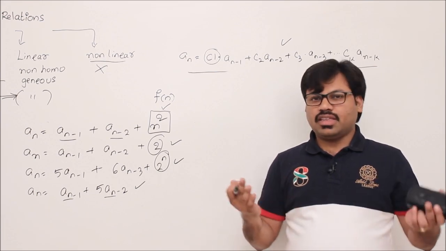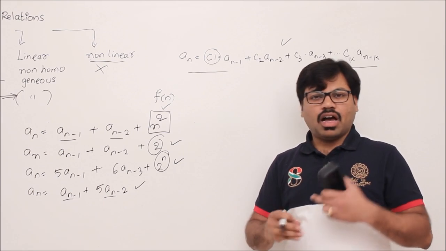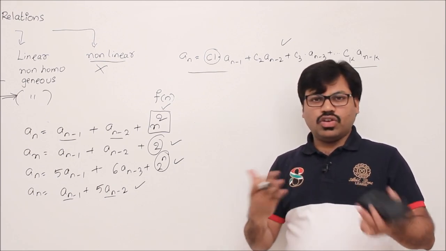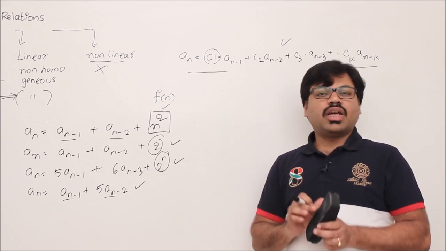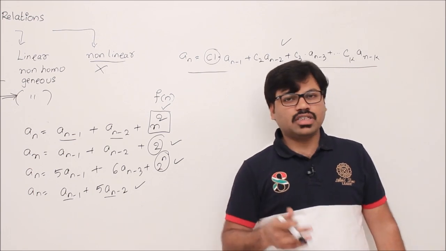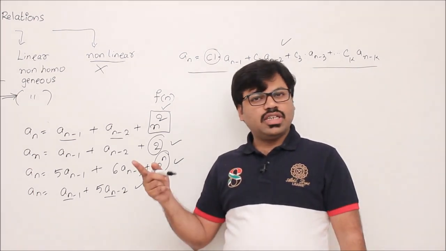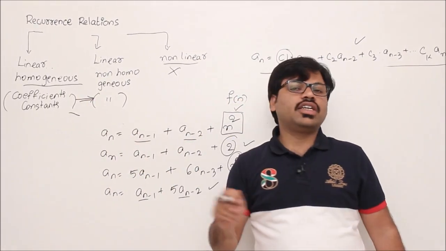For the remaining things we don't have solutions. That means we can't always find the solution with some particular formula. So we need to play some tricks. Sometimes even tricks won't work. That's why we don't discuss them. Only we discuss linear homogeneous and linear non-homogeneous, especially with constant coefficients.